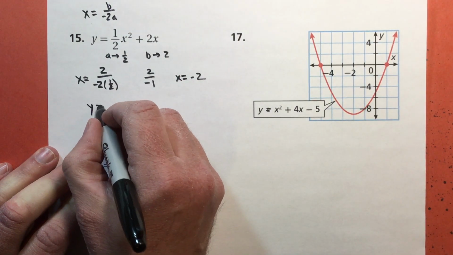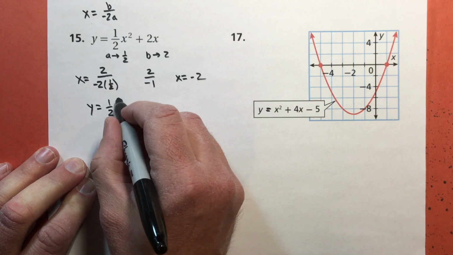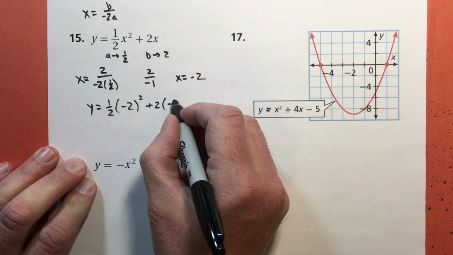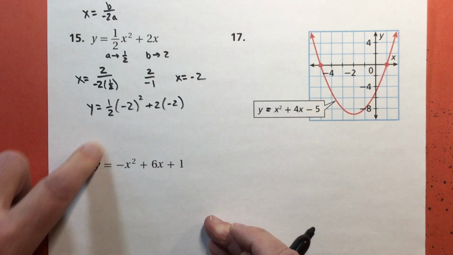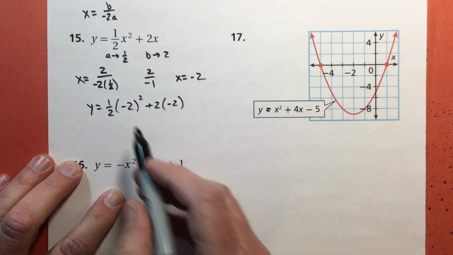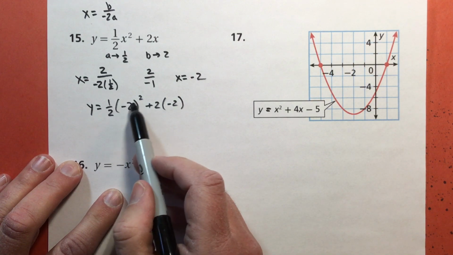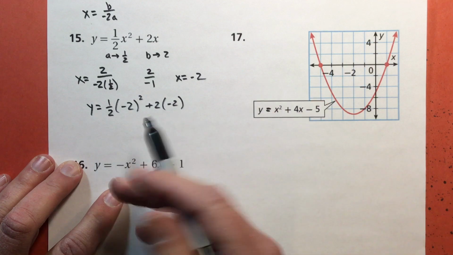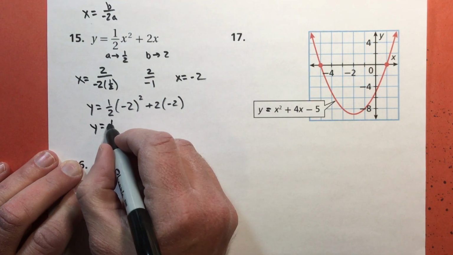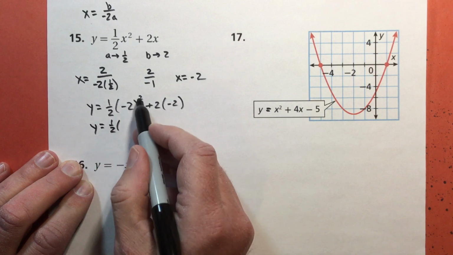Now I put y equals 1/2 times negative 2 squared plus 2 times negative 2. And I was worried I'd run out of room here, so I'll try to squeeze it in there. We'll do the exponent. Well, actually, no, I've got exponents and multiplying, so it's okay. I get 1/2 times negative 2 times negative 2.